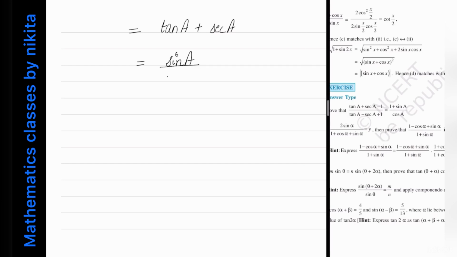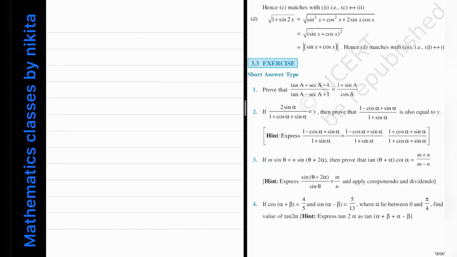So sin A by cos A plus 1 by cos A which is equal to (1 plus sin A) divided by cos A. So you can see that this is equal to the right hand side. So therefore your question number 1 has been solved. Okay, fine. Let's see question number 2.